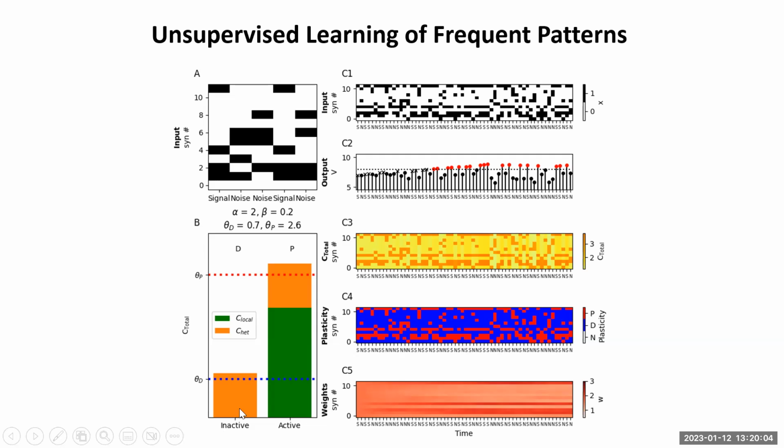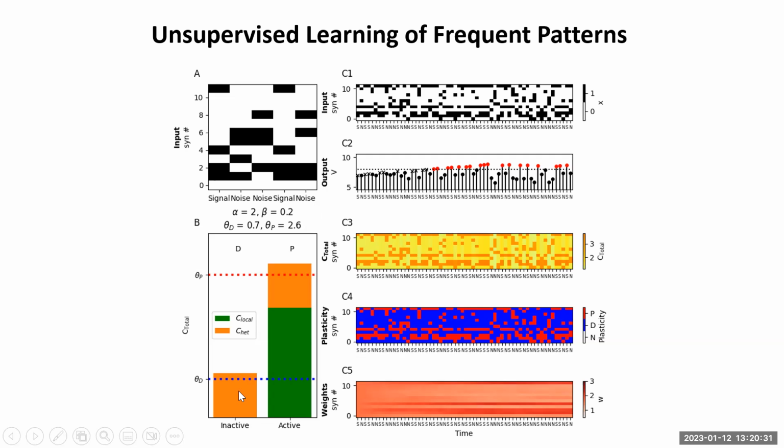Okay, so the way that we do that is like this. In every pattern that you get, we don't have calcium from the postsynaptic spike. We only care about the local calcium, and we care about the activity from the other synapses. I should say all of these patterns have the same density.